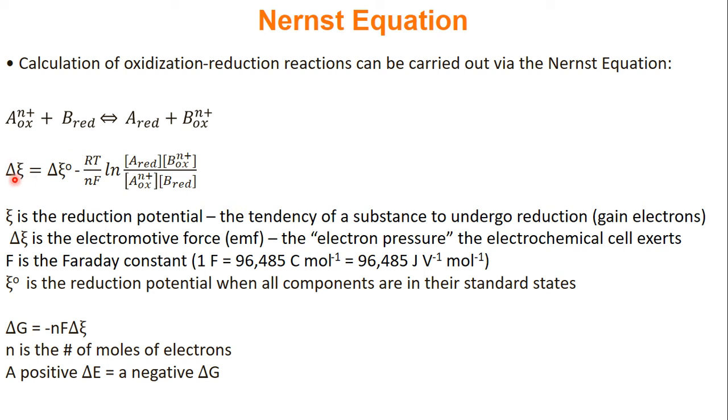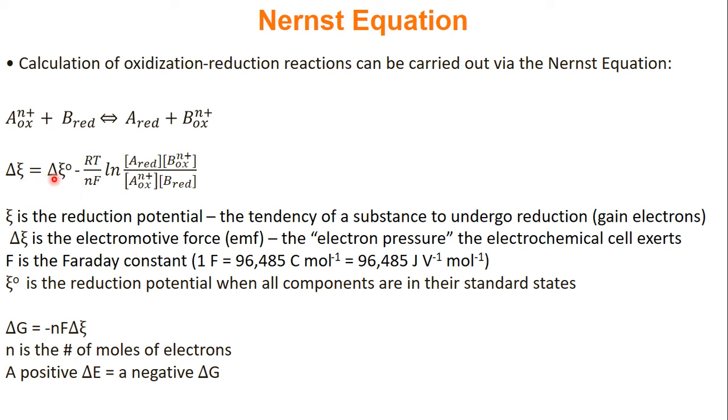The change in reduction potential we call electromotive force, or EMF, or the electron pressure, basically how much do the electrons want to flow. The bigger the EMF, the more they want to flow.